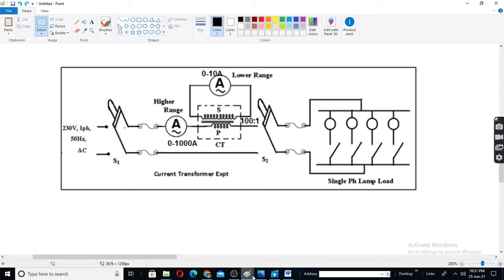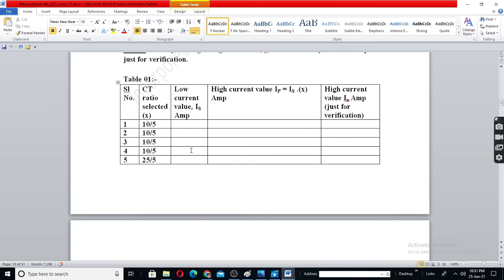So write it here. Primary you will get something, say 4.2. Okay, primary, so you will write 4.2 here. Secondary we will get it divided by the turns ratio.